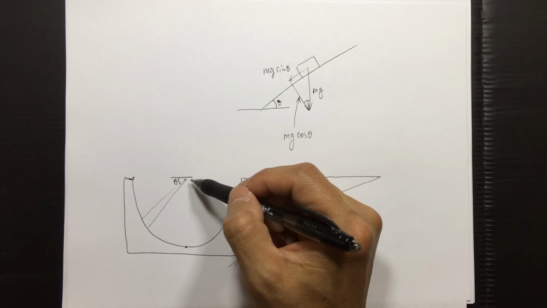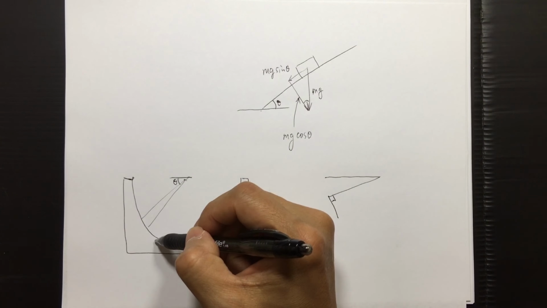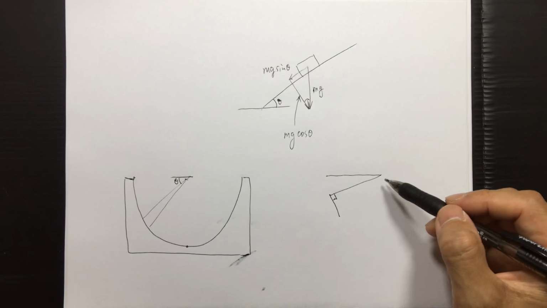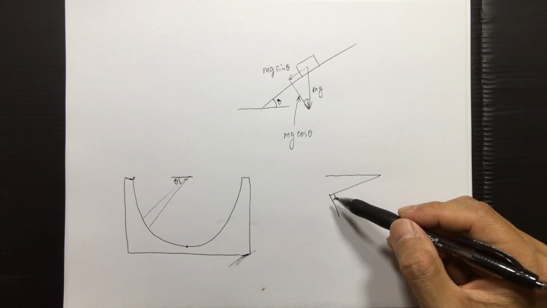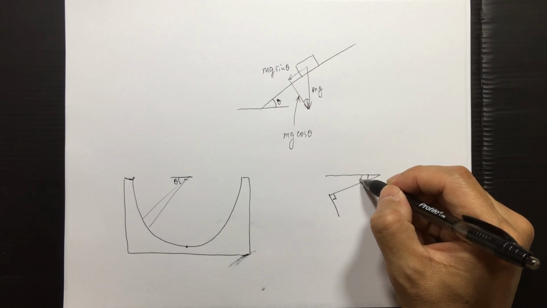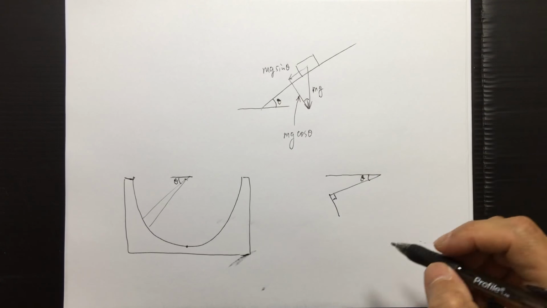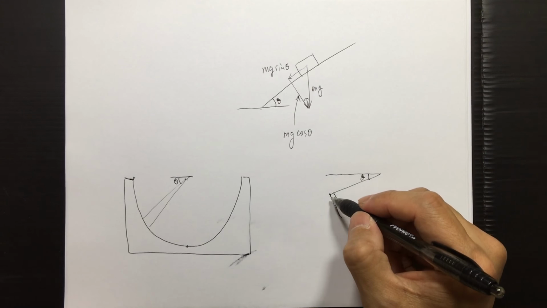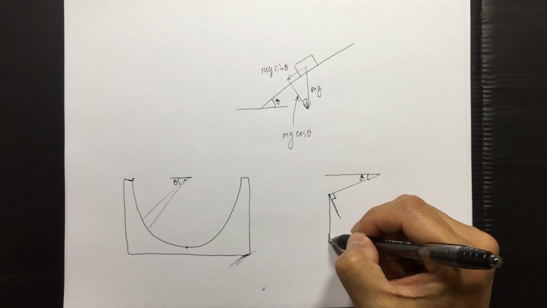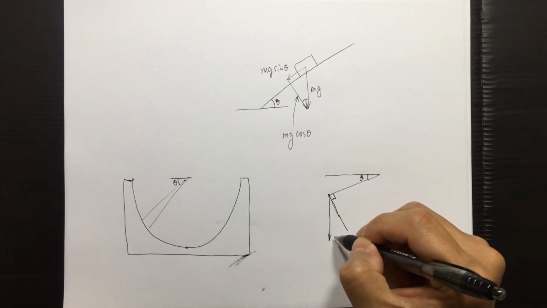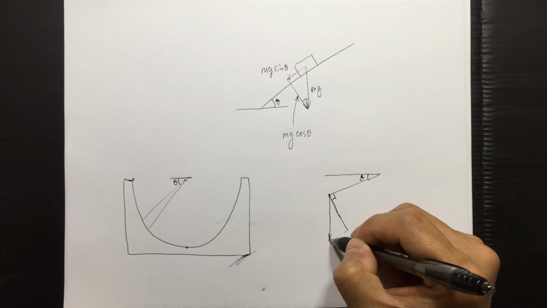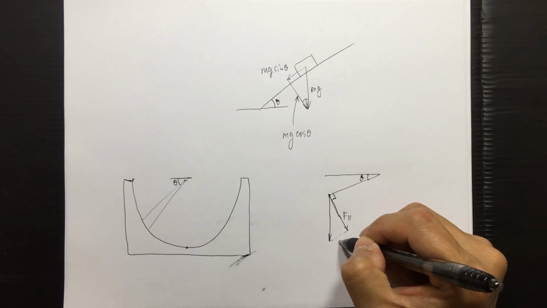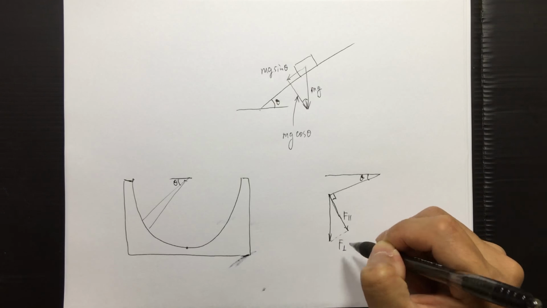At any point on a circle, the tangent, which is the way this person is going to move, is perpendicular to the radius, right? We call this theta. This is the direction this person moves, and this is mg. Mg is split into F parallel and F perpendicular.